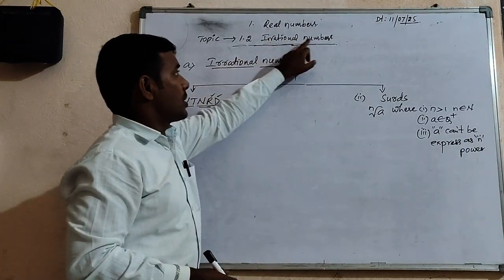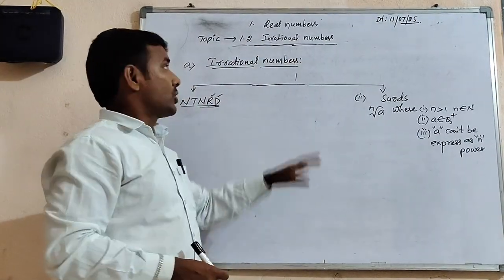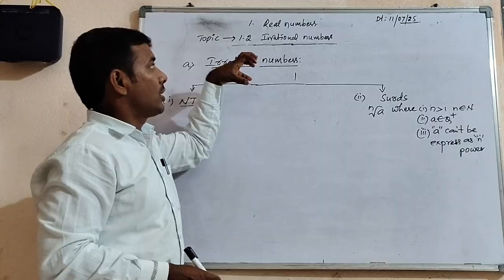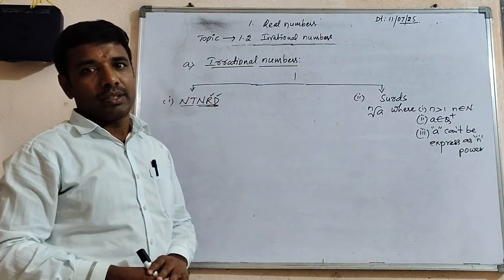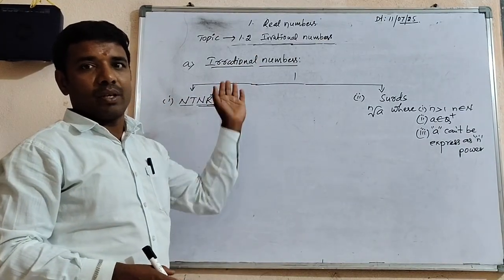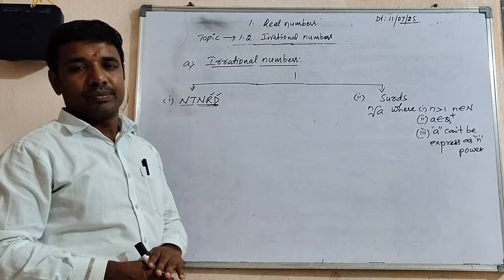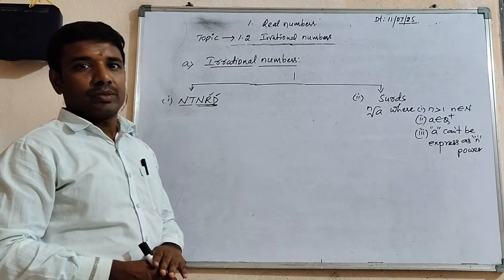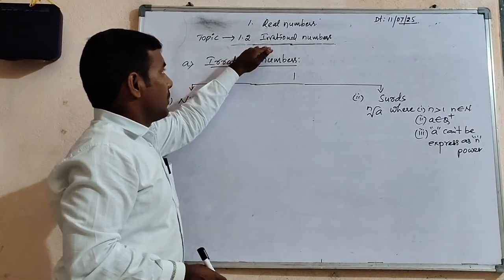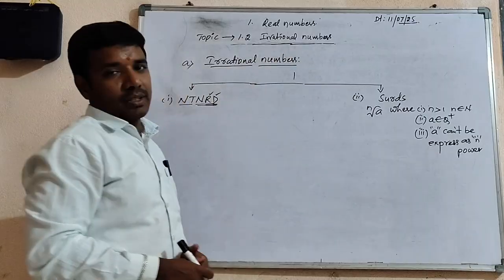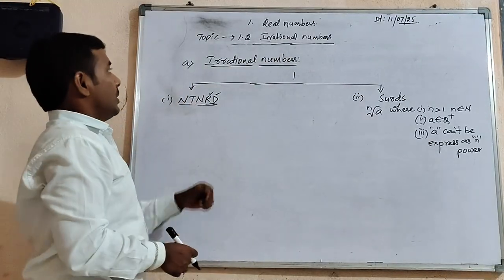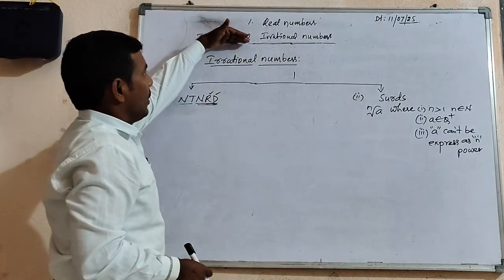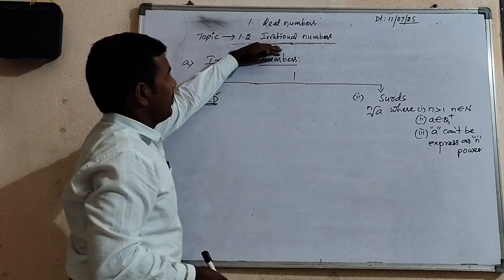Its name is irrational numbers. Actually this is the main topic for 9th class students. That's why it is very important for 9th class students. So in 1.2 the title name is irrational numbers.